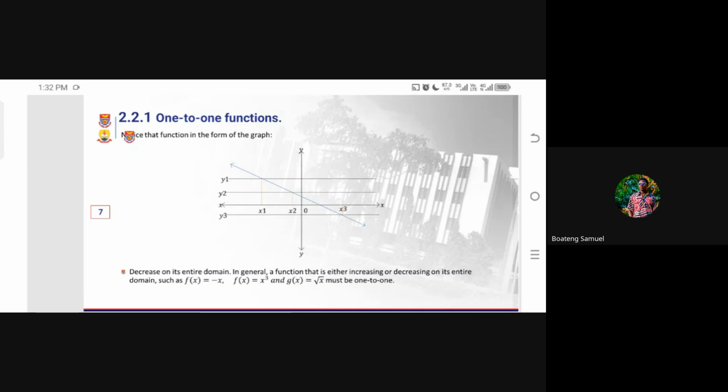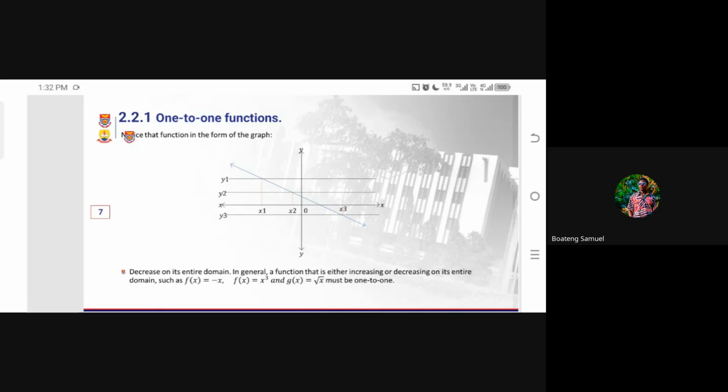So if you look at this, the horizontal line y1 cuts one point, y2 cuts one point, y3 cuts one point. So this implies that it is a one-to-one function. And if you look at the sketch very well, this is a linear graph. It's a linear function, so that is why it is one-to-one.